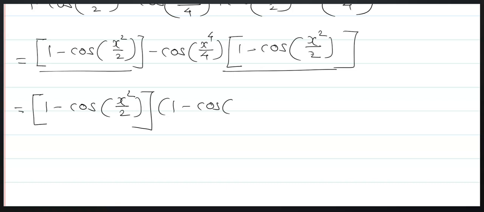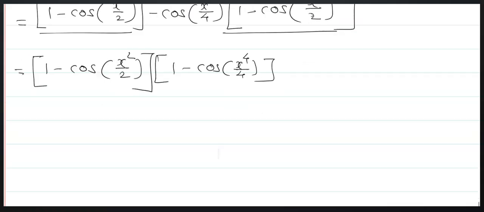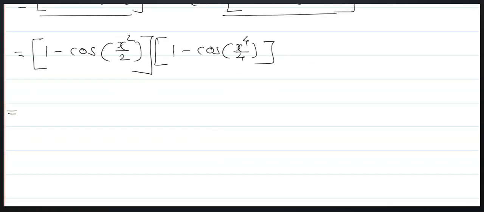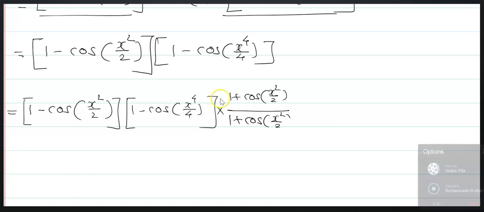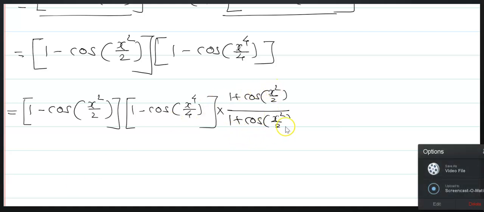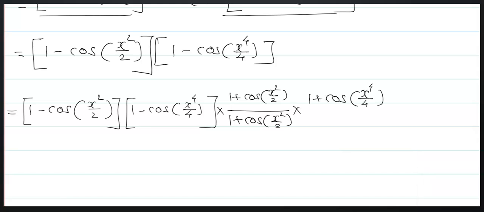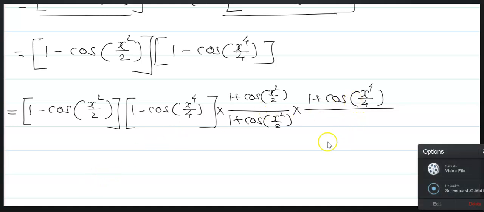Therefore, 1 minus cos(x²/2), multiplied here in numerator and denominator by 1 plus cos(x²/2), upon 1 plus cos(x²/2), and 1 minus cos(x⁴/4), multiplied and divided by 1 plus cos(x⁴/4).